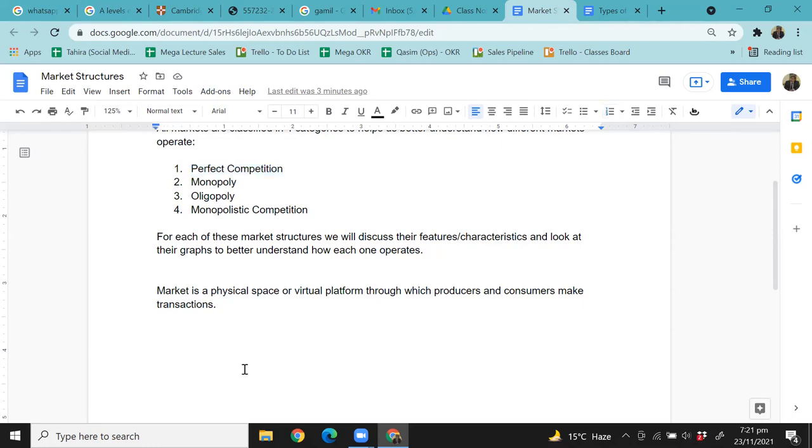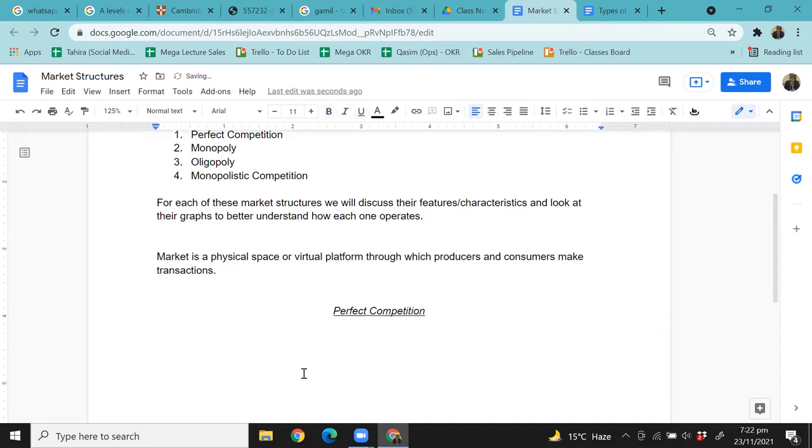So today we are starting off with perfect competition. For this market structure, we'll talk about its characteristics, and then we'll look at the graph to understand how this market behaves. Okay, let's get started.